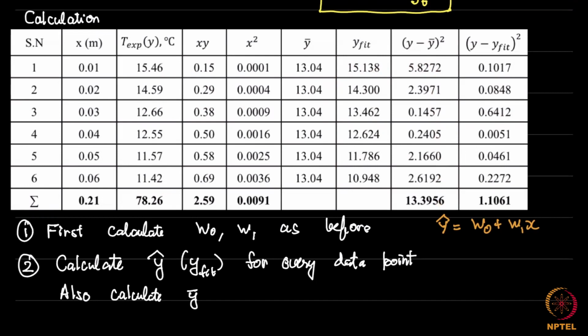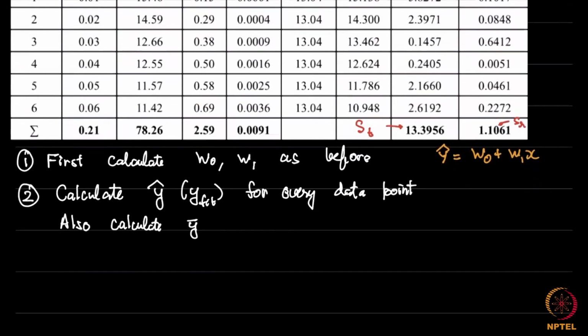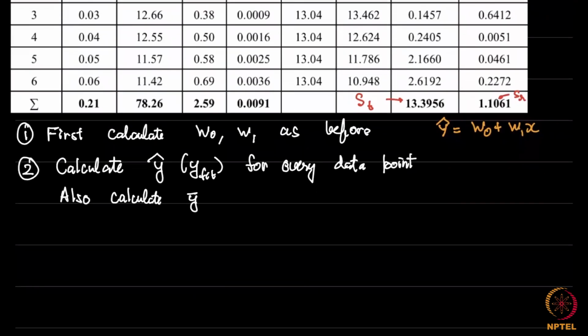This quantity now is what we called ST. And this quantity here is what we call SR. Okay. Now, once you calculate that, R square is easy to calculate now. R square is 1 minus SR over ST. In this case, this comes to approximately 0.91 with the numbers here.